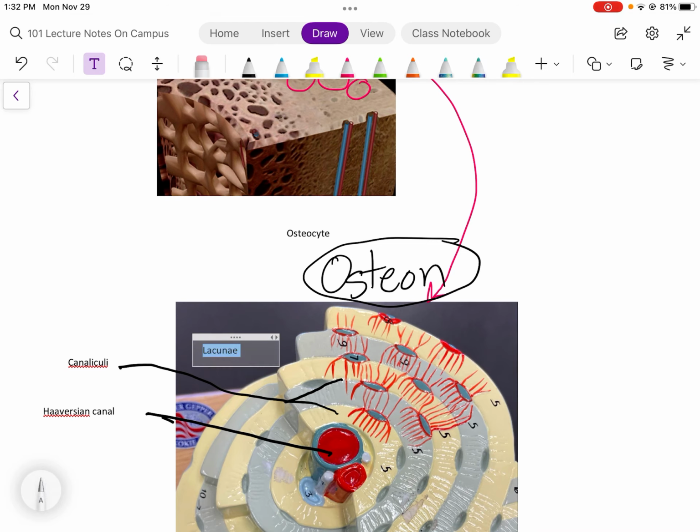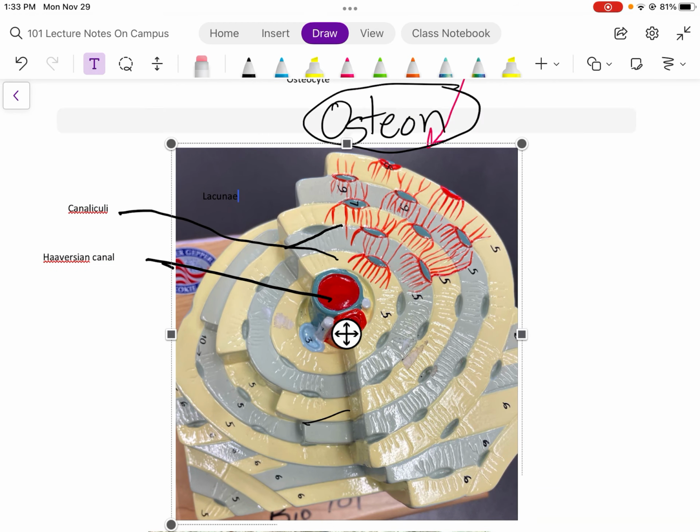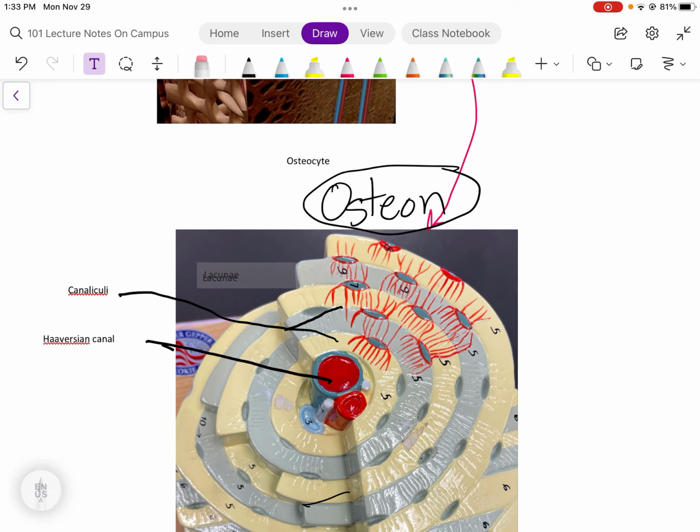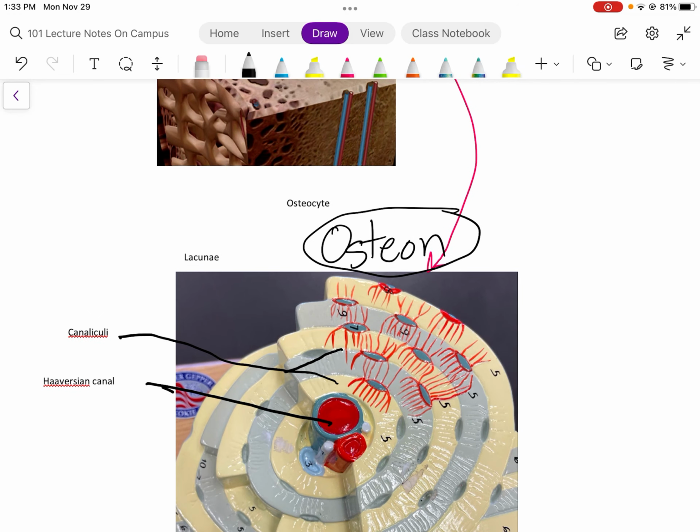Let's see how that looks. Let's bring it up a little bit higher. The lacunae is just a space where we find an osteocyte on the inside. So I'm going to draw a line from here to the lacunae. The lacunae are like this space. It could also be this space. It's just a space in the bone.